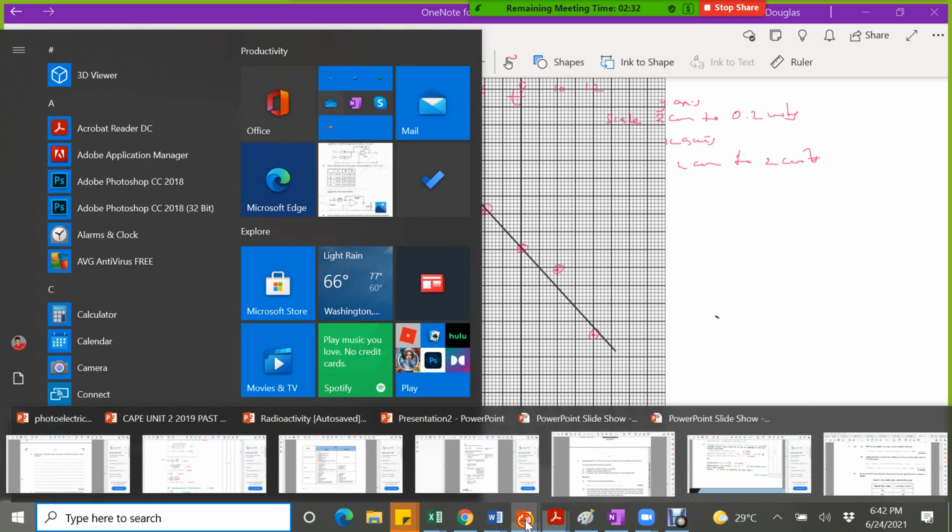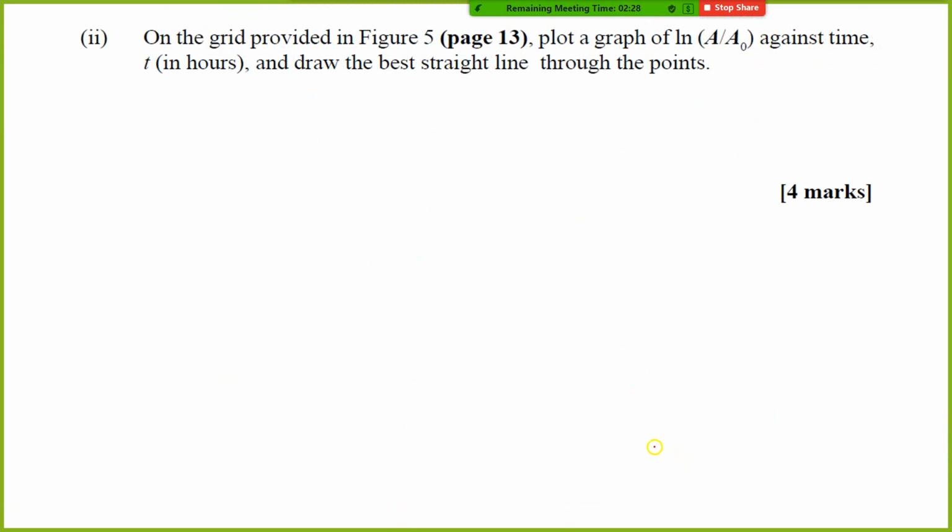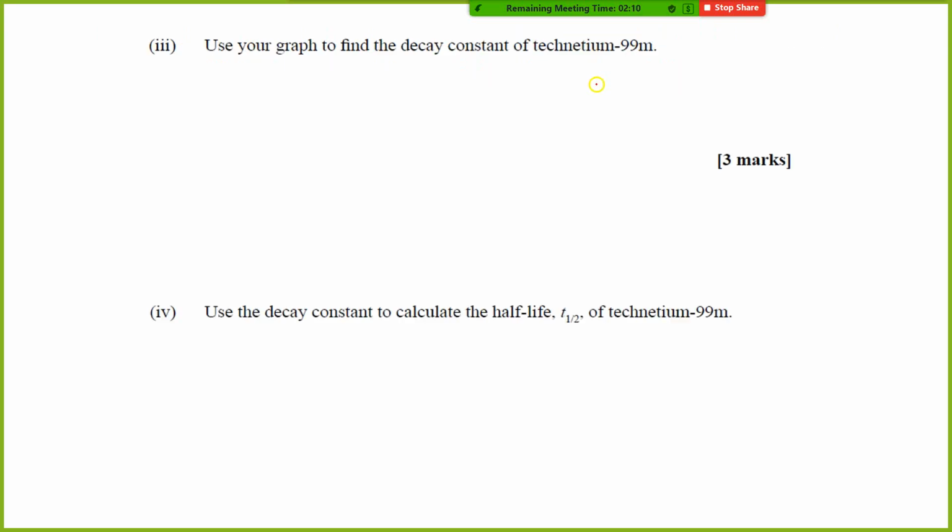Let's go back and see what they instructed us to do. It says here to draw the best straight line through the points. Follow me? Okay, sir. It's a 4 mark question, I can say. You guys still trying to do it or what?